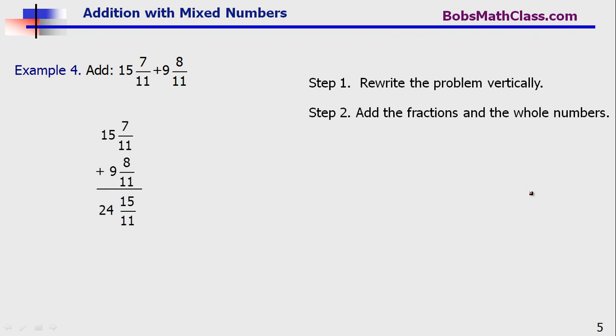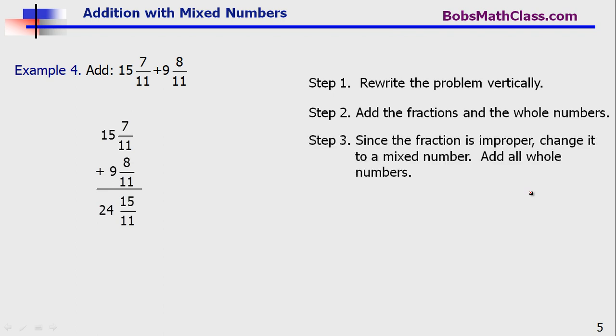Oh no, right? Not done. 15/11 is improper. So since the fraction is improper, we're going to change it to a mixed number, and then we could add all the whole numbers. So now we could divide 11 into 15, and that gives us 1 and 4/15. And now we could add the 24 and 1. So that gives us 25 and 4/15.